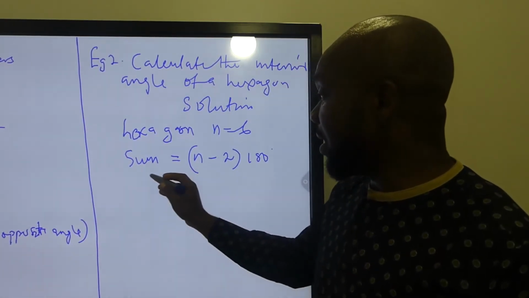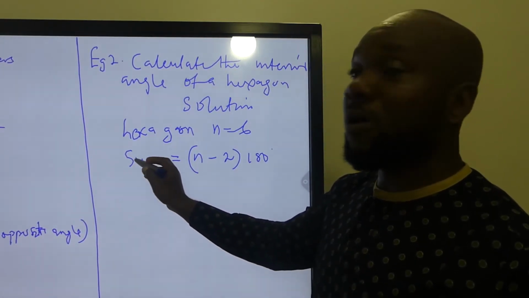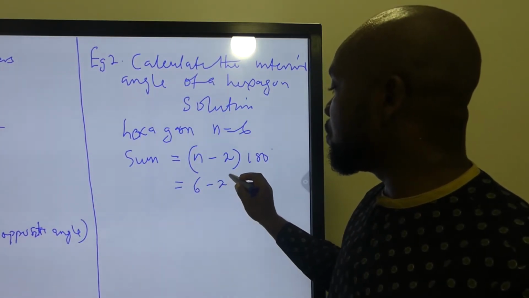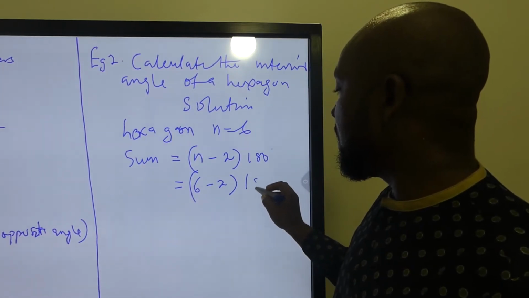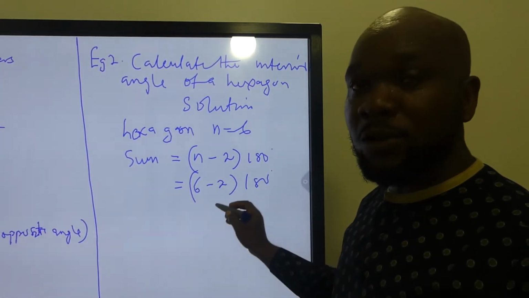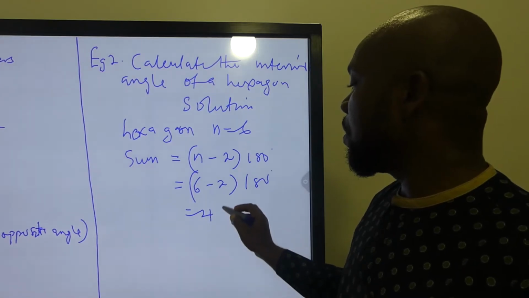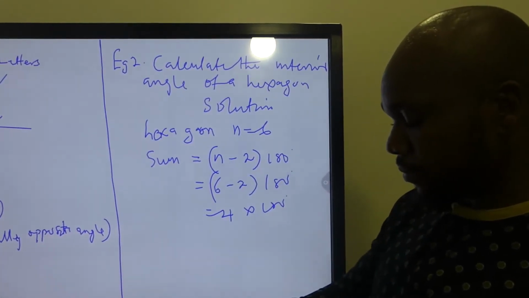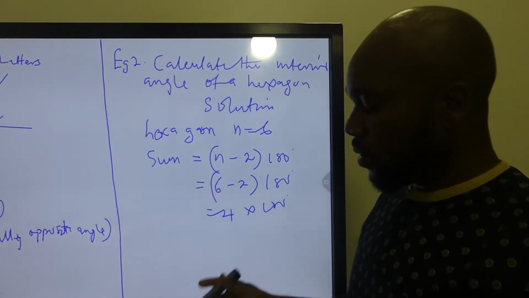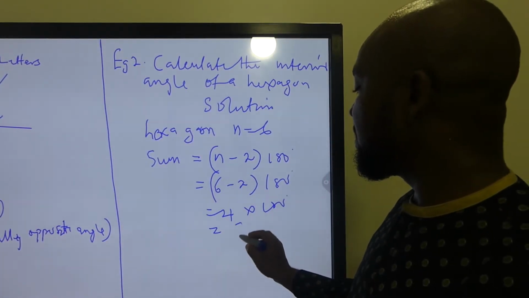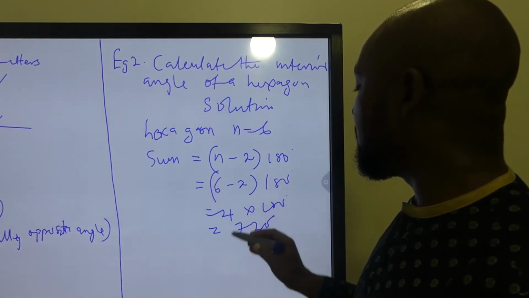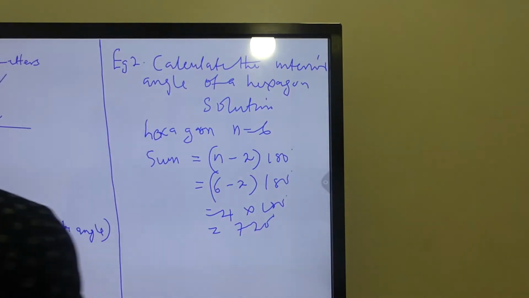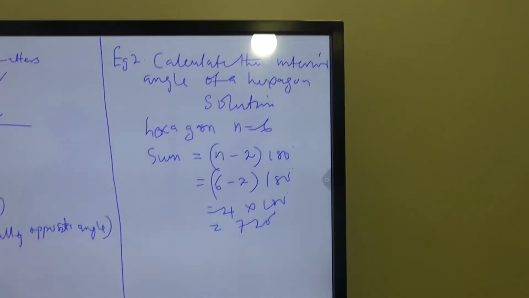Then in that case, the sum of the interior angles is equal to (6 minus 2) times 180. 6 minus 2 is equal to 4. 4 times 180 degrees is 720 degrees. Then this is the end of our class.